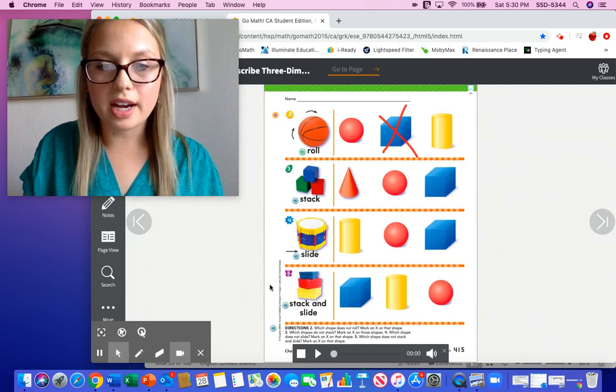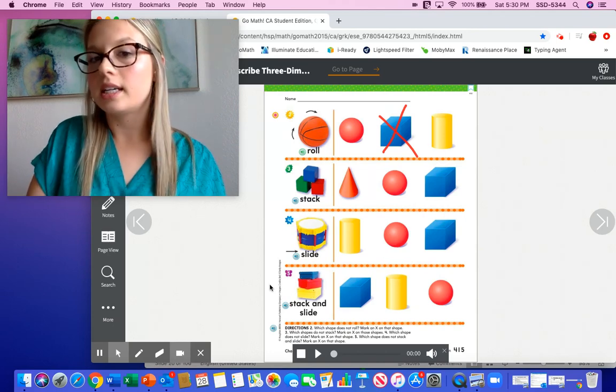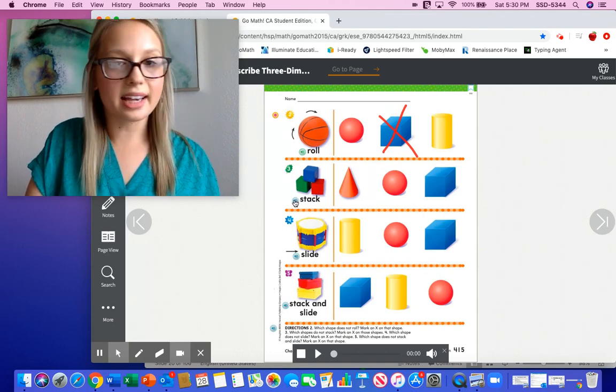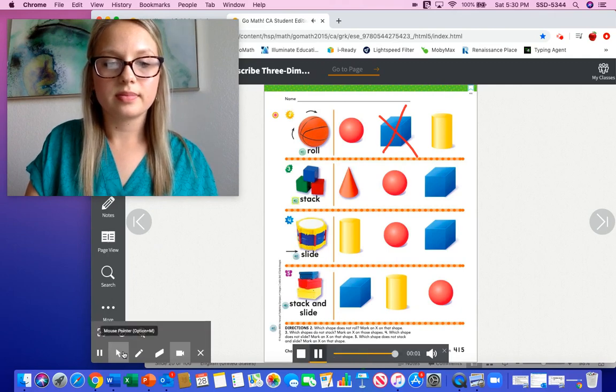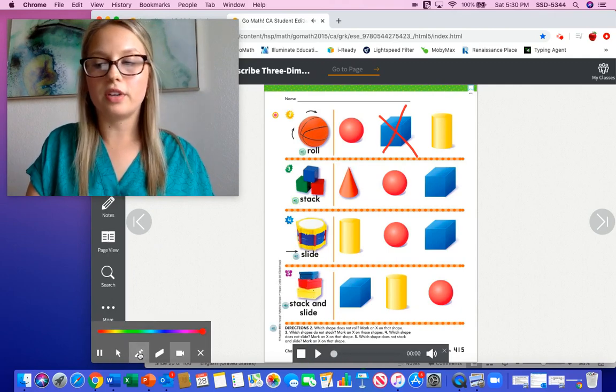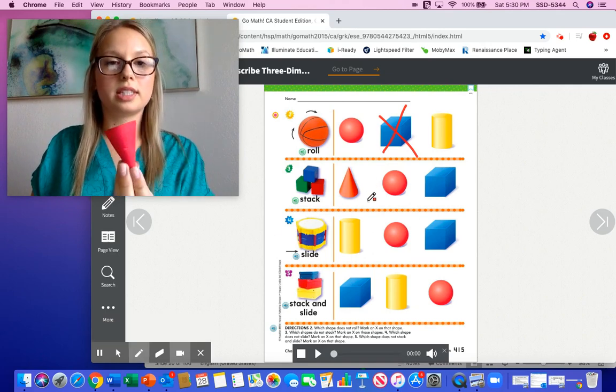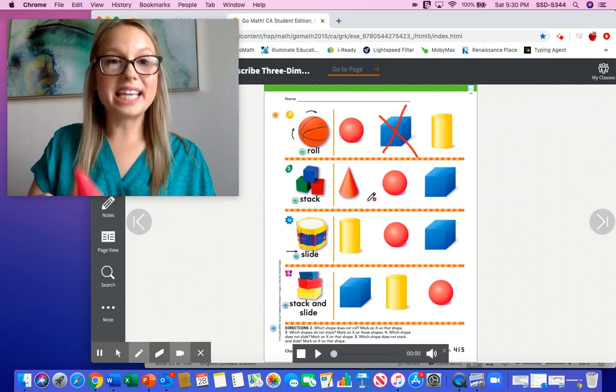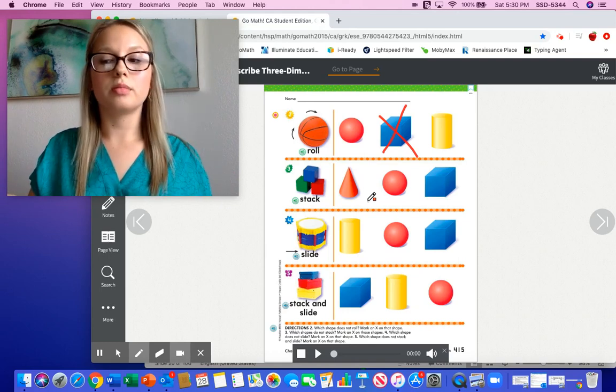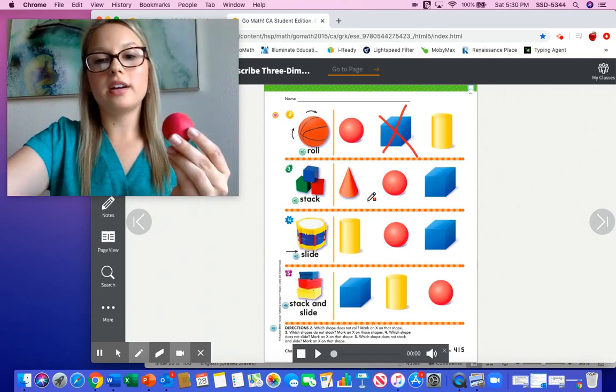We are going to find shapes that cannot stack. Remember, stacking looks like this. Stack. You can put them on top of each other. So we're going to look at the cone. Can the cone stack? Yes. Leave it alone. What about the sphere?